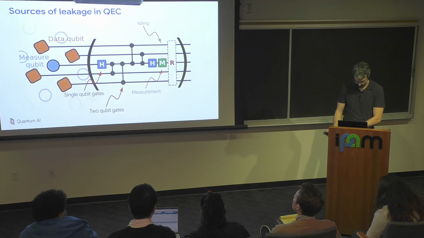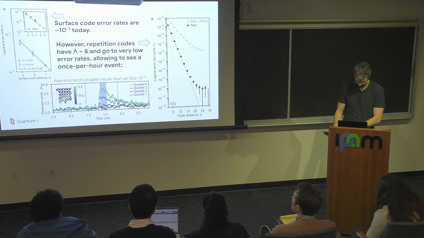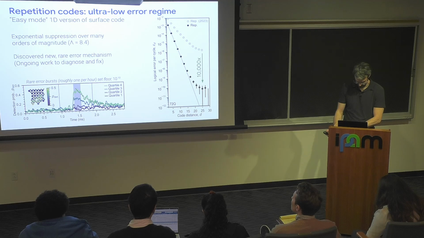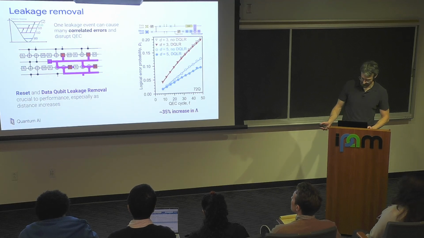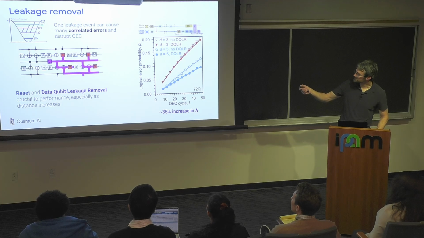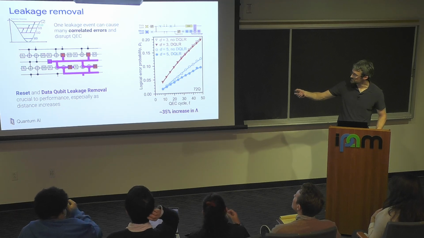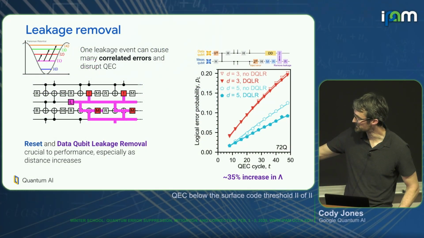So I'm going to go back pretty far because the diagram I want is actually from the first part. Sorry for that. So this is the full QEC cycle that we're doing. And everything except the purple part is normal QEC stuff, right? This is stuff that runs the surface code.